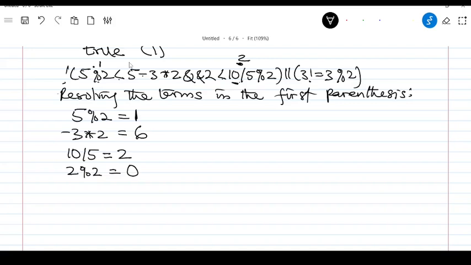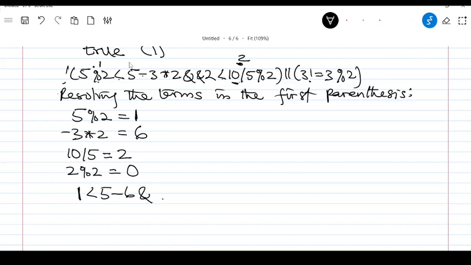So every term in this bracket is going to look like, what is 5 modulo 2? 5 modulo 2 will give us 1, which is less than 5 minus 3 times 2, which gave us minus 6, right?